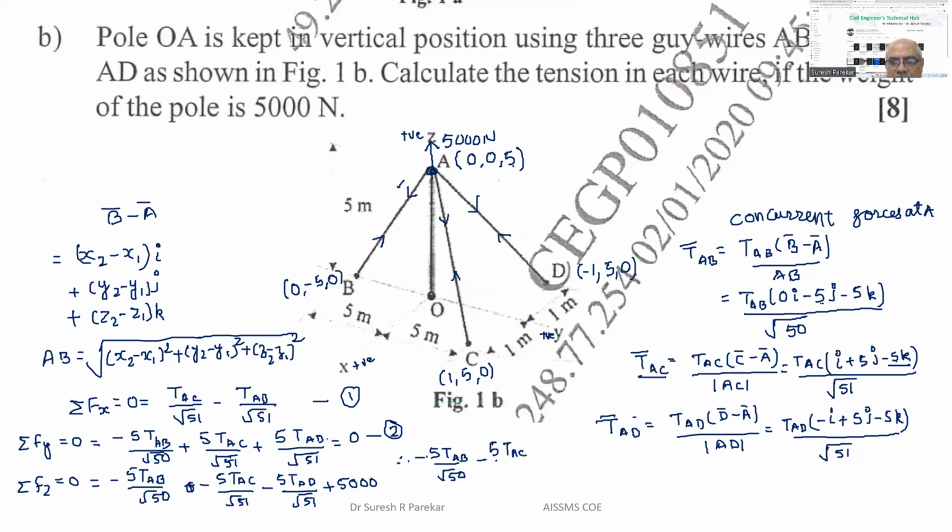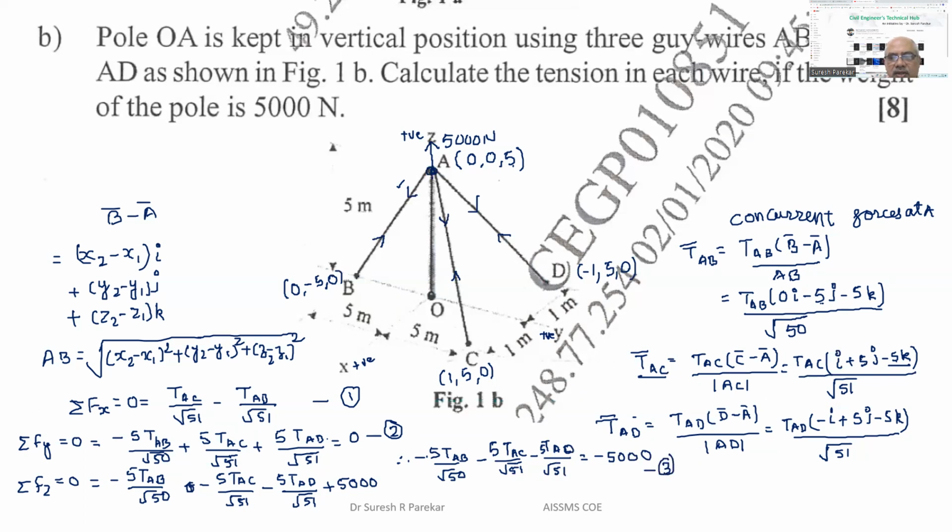And this 5,000 will go on this side, which will be minus 5,000. And then this will be my equation 3 now.